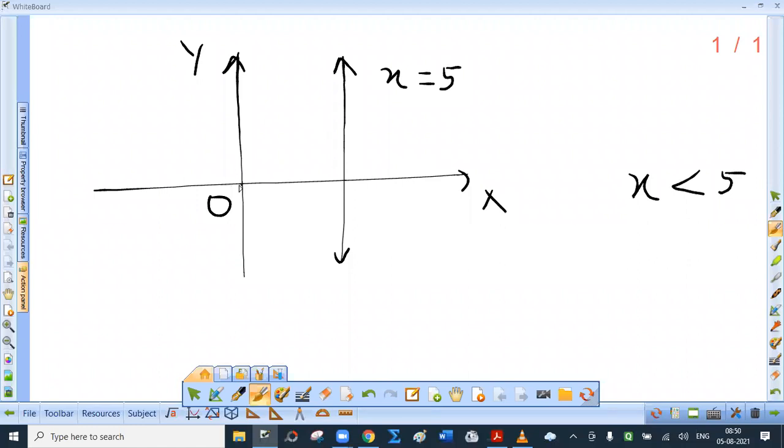So this is the solution of which inequation? X less than 5. Suppose this is the point, say 2.5 comma 0. Is 2.5 less than 5? Yes. So all points to the left of this line are part of the solution. That is why we say that the set of all solutions of the inequation is an infinite set.